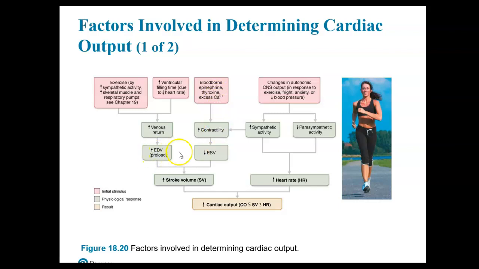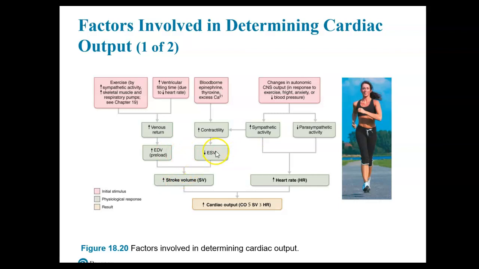And by the way, I'm not going over everything, but EDV stands for end diastolic volume. That means the volume in your heart when your heart is at rest, when it's received all the blood, and is directly related to venous return. It's how much blood is in your heart when your heart has received the blood from your body.